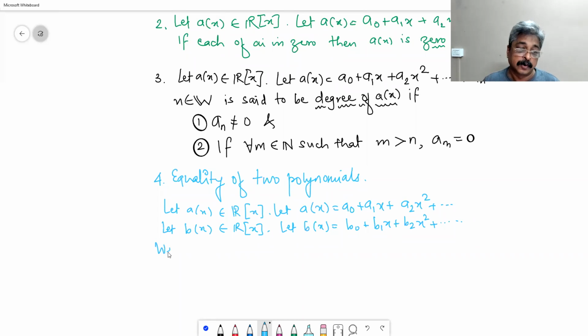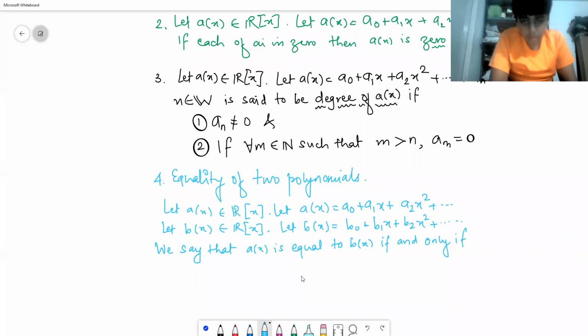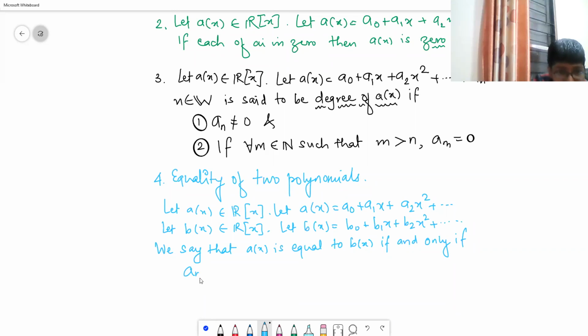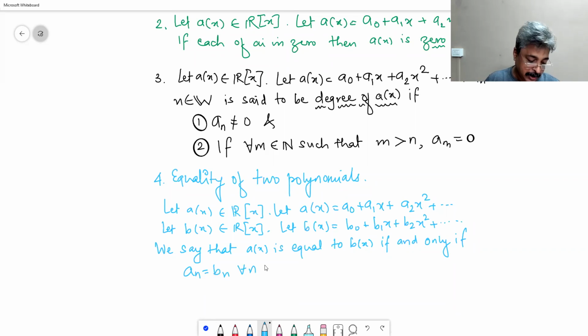We say that a of x is equal to b of x if and only if each ai is equal to bi, that is, an is equal to bn for every n greater than or equal to 0.